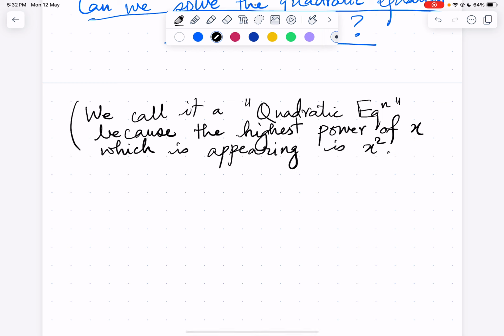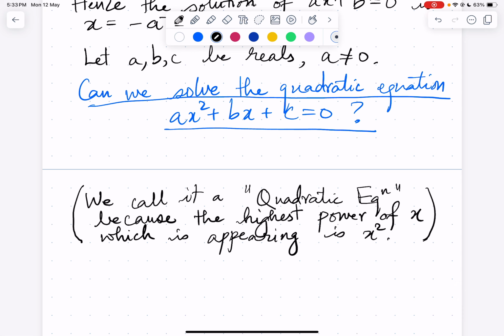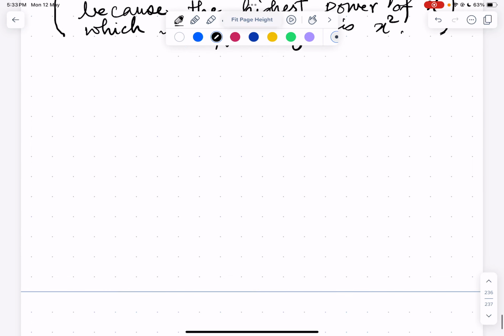This is an equation involving x square and x, and the highest power of x which is appearing is x square. Hence we say this equation is a quadratic equation. So we can ask, can we solve this quadratic equation ax square plus bx plus c equals 0? So let's try to solve this equation.